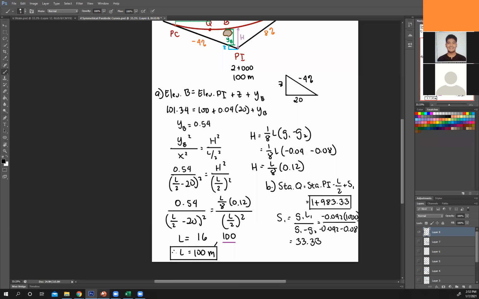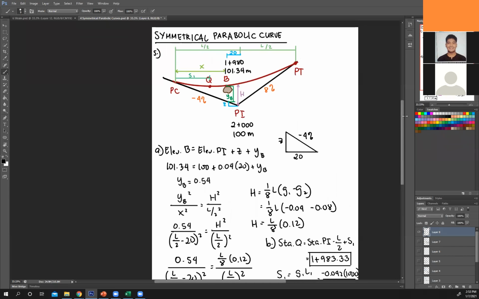And then letter C, elevation of your station. I think there's still time for that. Let's just fix this up to get space.